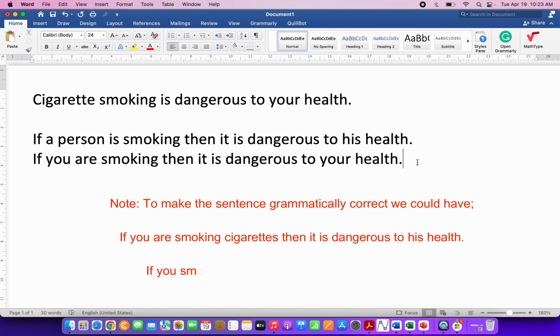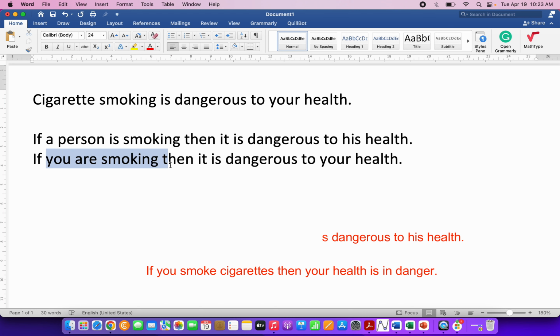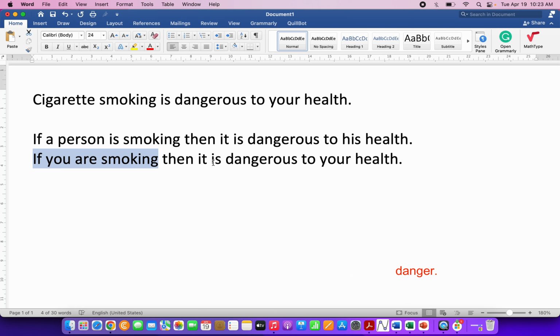Okay? And then, so, identify the hypothesis statement. So, as I've said earlier, yung hypothesis statement actually follows after the word if. So, therefore, the hypothesis statement here is if you are smoking. This one. So, this is the hypothesis part. And then, the conclusion part is the statement after the word then.